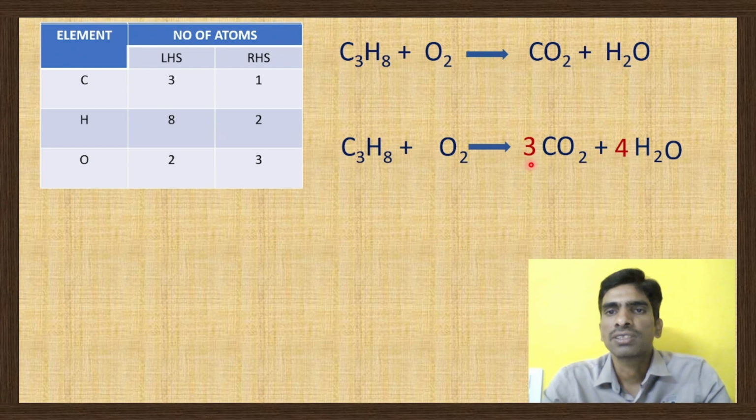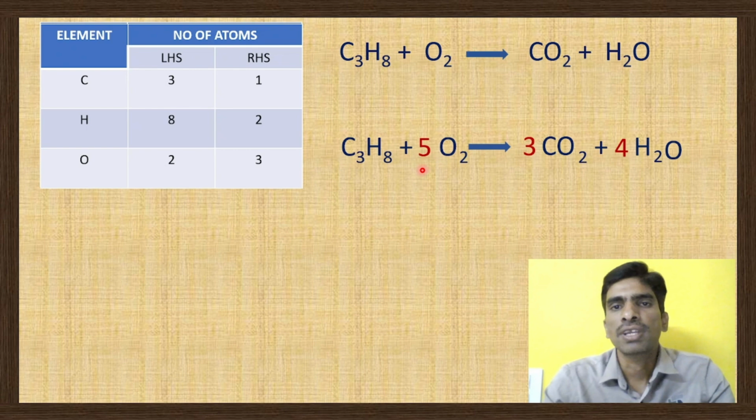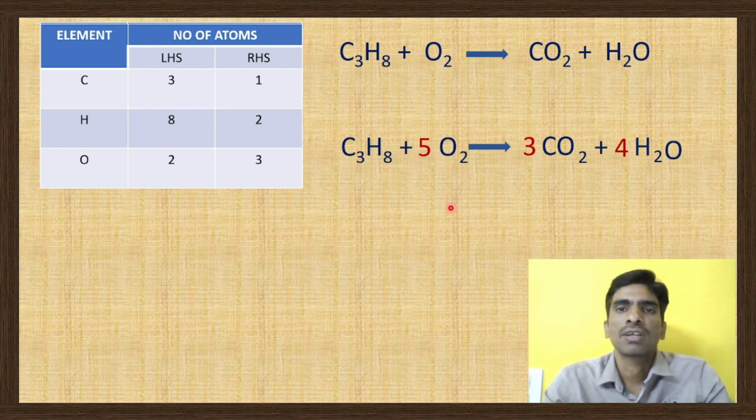But after adding this 3 before carbon dioxide, the number of oxygen atoms has also changed. 3 2s are 6 oxygen atoms, and here also 4 oxygen atoms. 3 2s are 6 plus 4, total there are 10 oxygen atoms on the RHS, but on the LHS there are only 2. So oxygen O2 should be multiplied by 5 to get 10 atoms. Here 5 2s are 10 oxygen on the LHS.